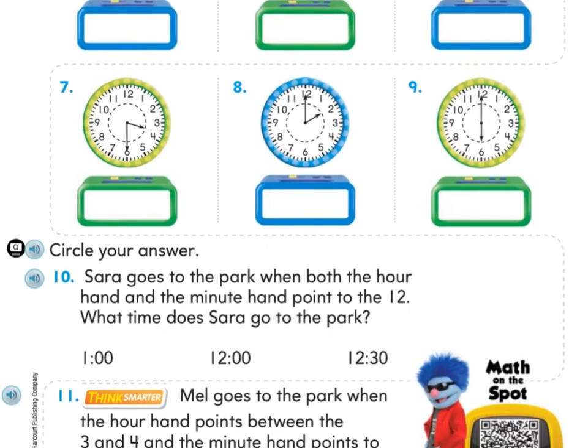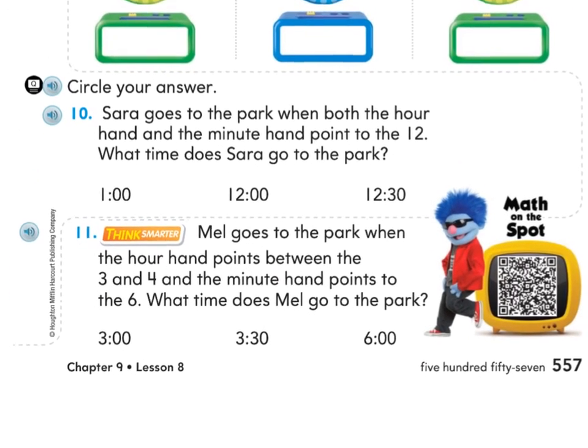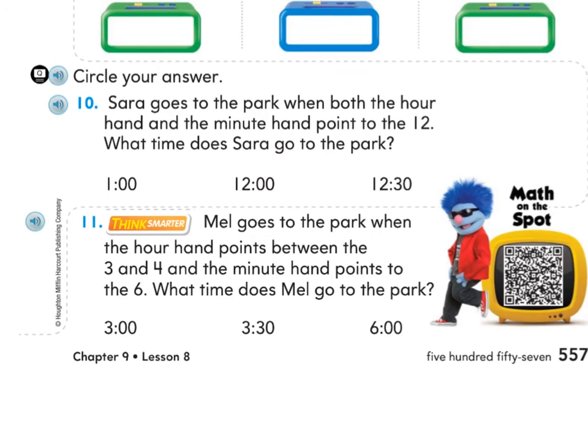Then when you're ready, you can unpause the video again, and you can do number 10. Sarah goes to the park when both the hour hand and the minute hand point to the 12. What time does Sarah go to the park? Now you have a little clock that we sent with you guys.